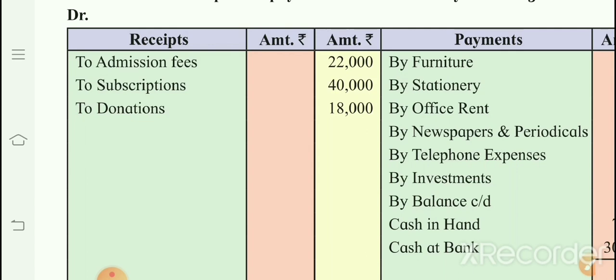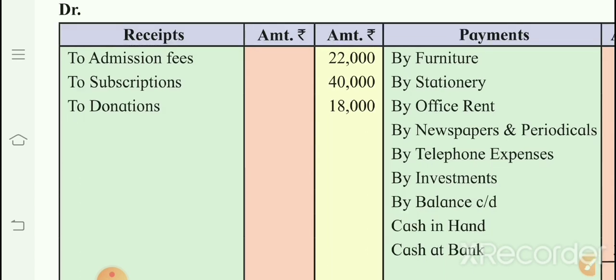So 22,000 full amount will be capitalized of admission fees and 50% of donations will be capitalized, that is 50% of 18,000, it will be 9,000. By this way we will create the amount of capital as 22,000 plus 9,000, it will be 31,000.